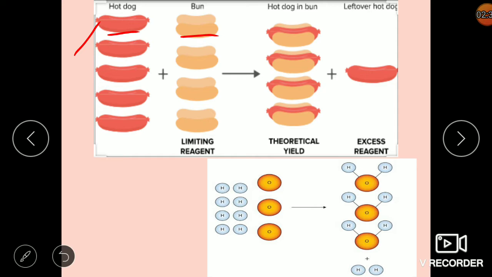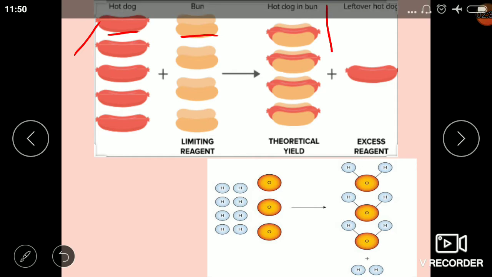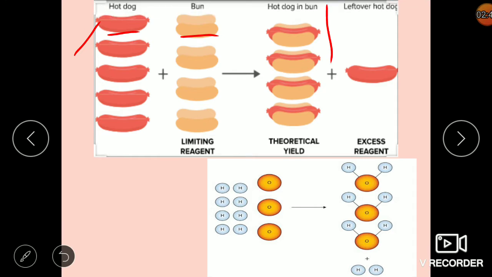So to prepare one hot dog bun, you need one sausage and one bun, then only you can prepare the whole recipe. So from this combination, how many can you prepare? You can prepare a maximum of 4 complete foods, because the number of bun is 4.